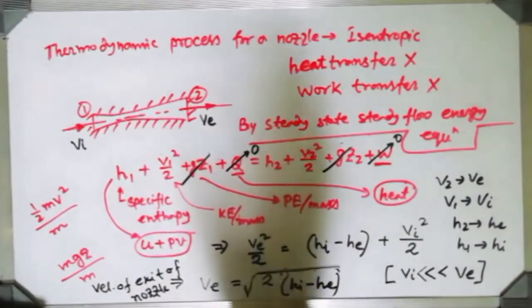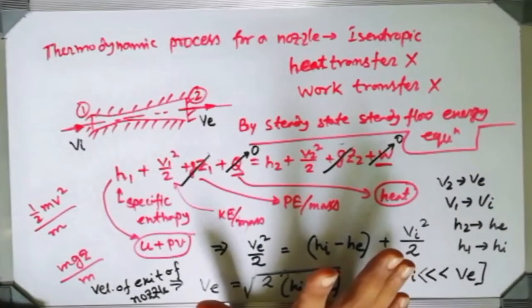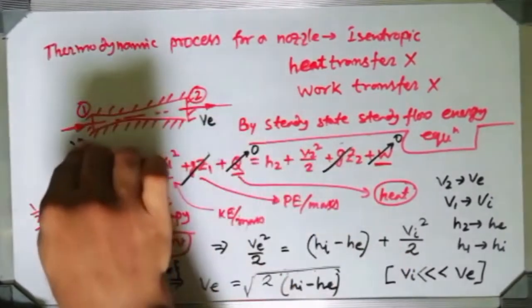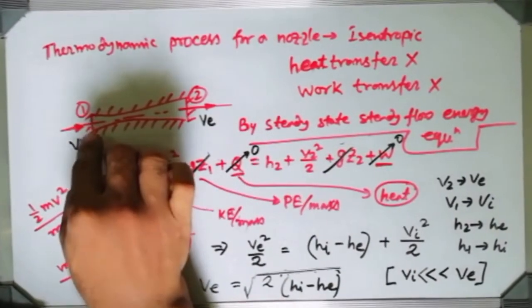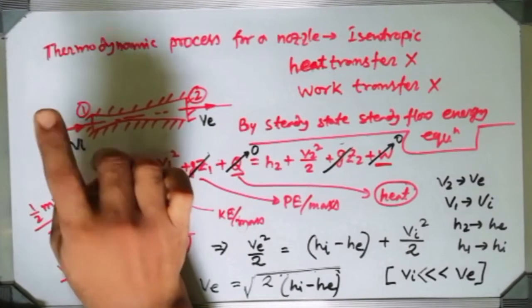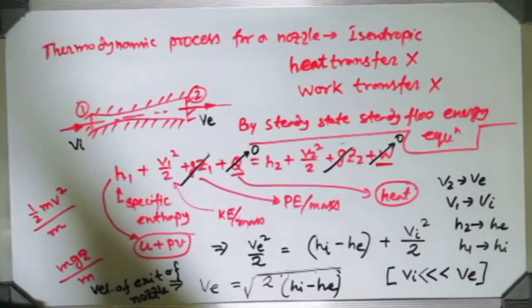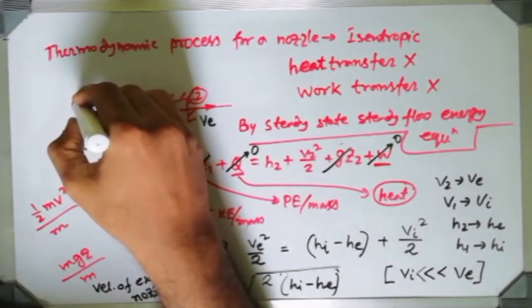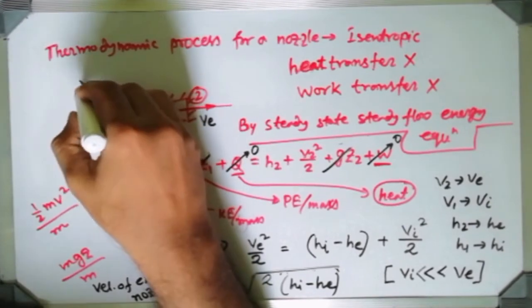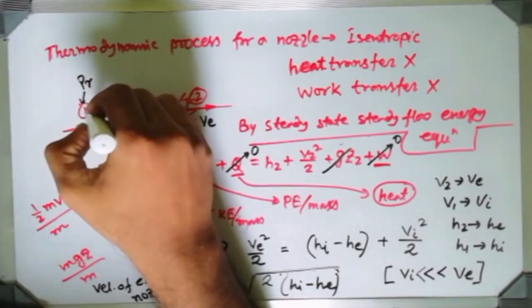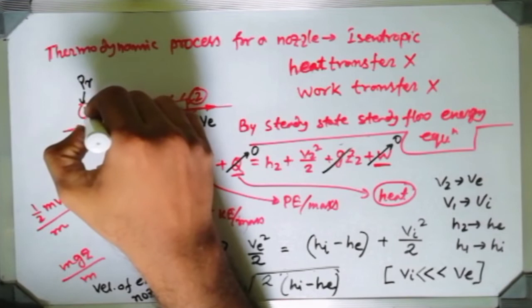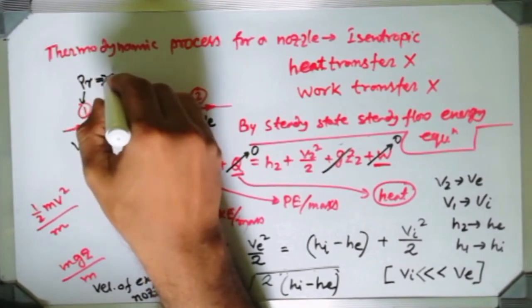Which pressure are we talking about? The pressure at the inlet of the nozzle. Inlet of the nozzle means that pressure is the exit of the boiler. Are you getting me clearly? The steam pressure at the inlet of the nozzle is the same pressure as the outlet or exit of the boiler.